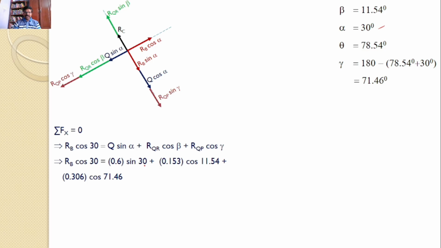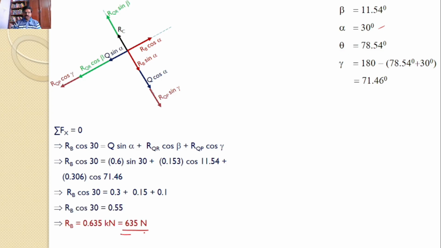So 0.6 sin 30 plus RQR. This value we calculated as 0.153. Hence, I can substitute that value 0.153 into cos, beta value is 11.54. Similarly, RQP value I calculated as 0.306. So 0.306 into cos, gamma value is 71.46. So upon simplification, you will get RB value is equal to 635 newtons.